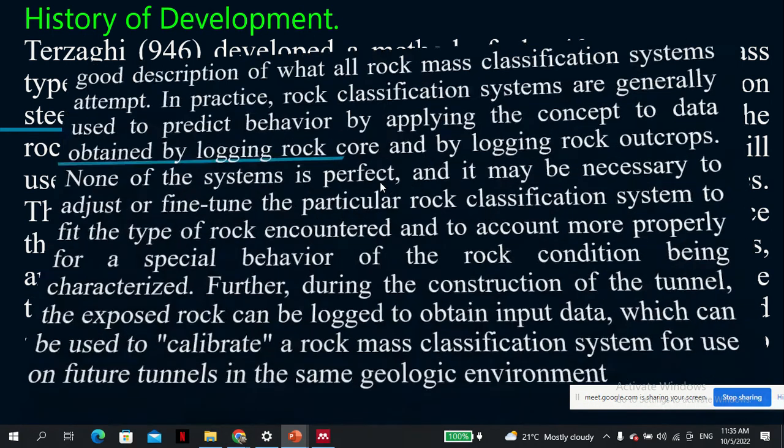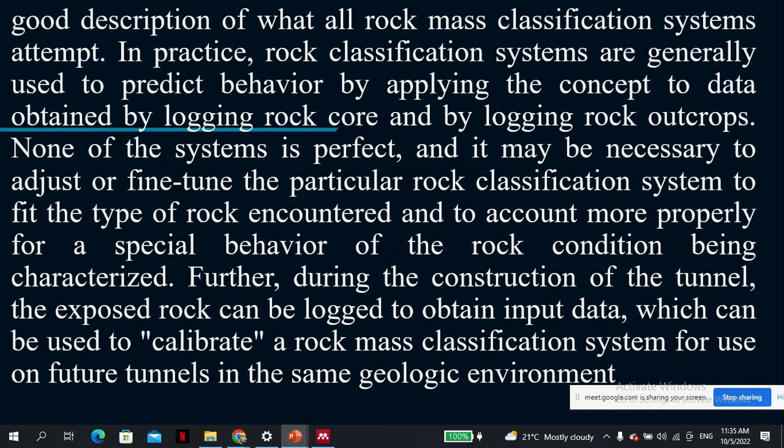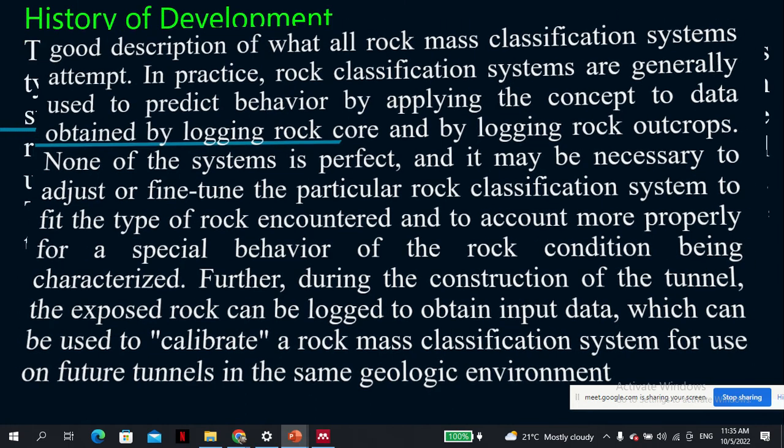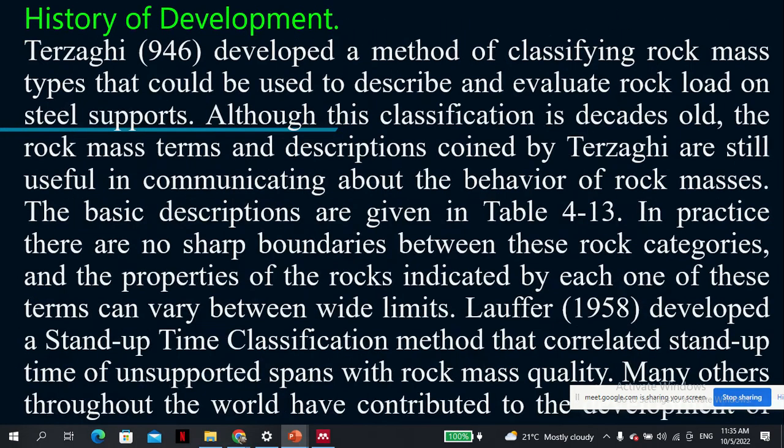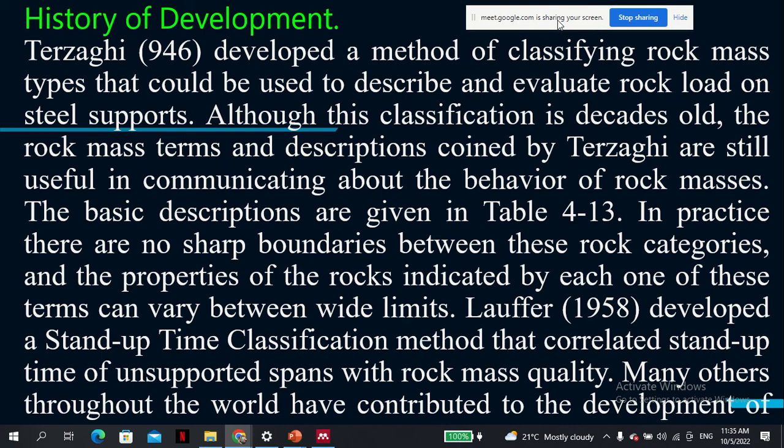So, the history of development. Terzaghi in 1946 developed a method of classifying rock mass types that could be used to describe and evaluate rock load on steel supports. Although this classification is decades old, the rock mass terms and descriptions coined by Terzaghi are still useful in communicating about the behavior of rock masses.